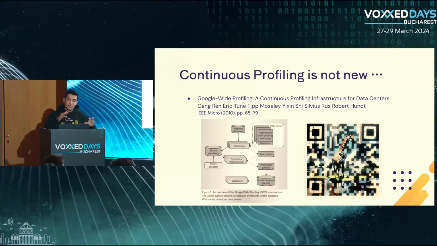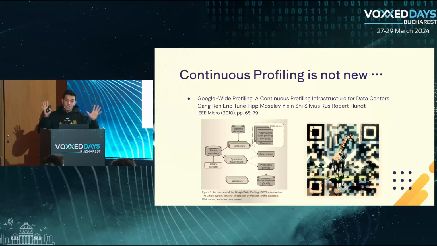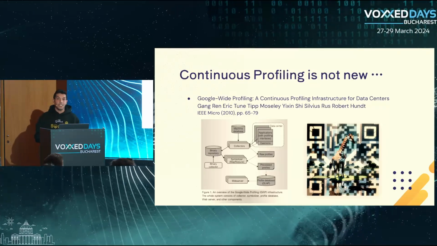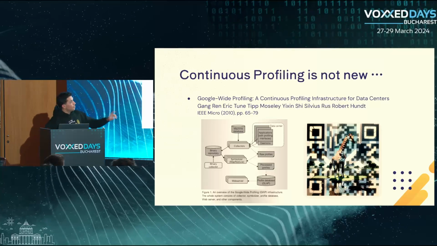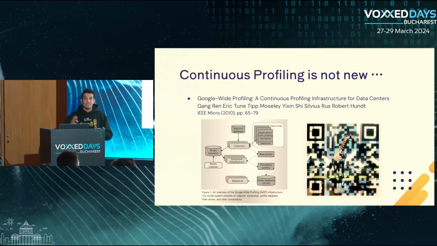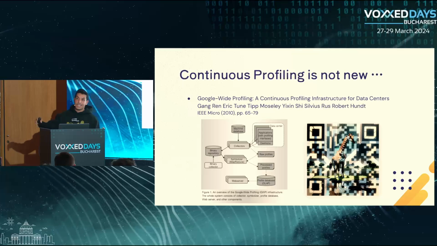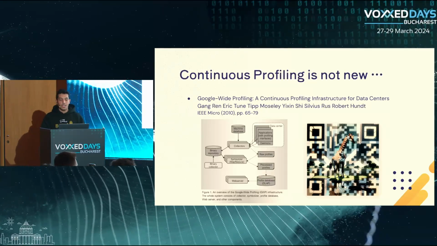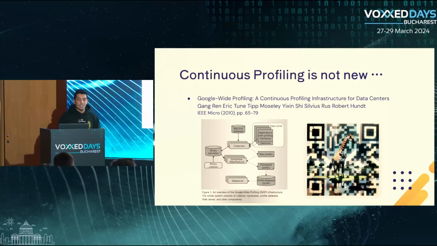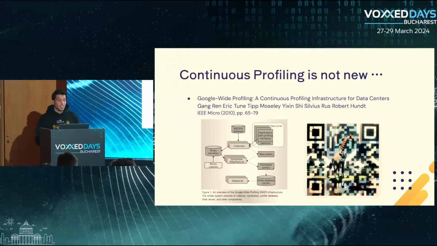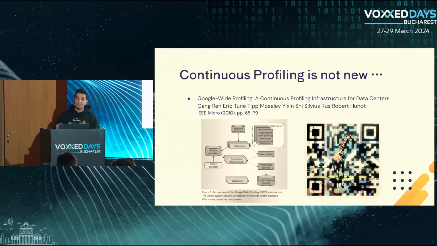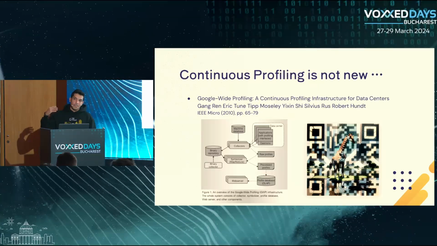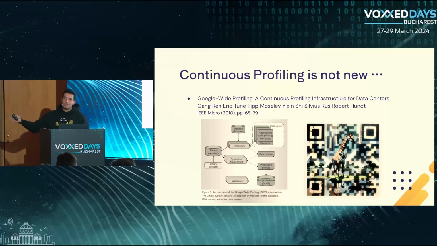It put forward the initial design of what continuous profiling actually is. And the architecture there is the architecture that has been followed until today in designing a continuous profiling tool. The paper was shared in 2010, so we believe it was used in Google for years before it could be shared.